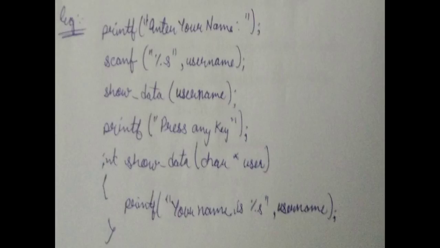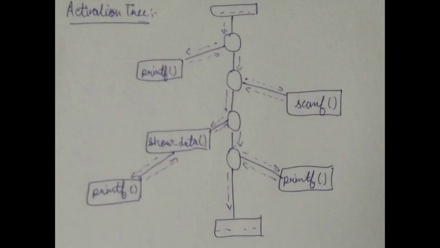Since we have the first printf statement and the next scanf statement, they are directly embedded into the activation tree as follows. Firstly, as the program begins, we have a printf statement record. Next, moving on, we have a scanf statement record.